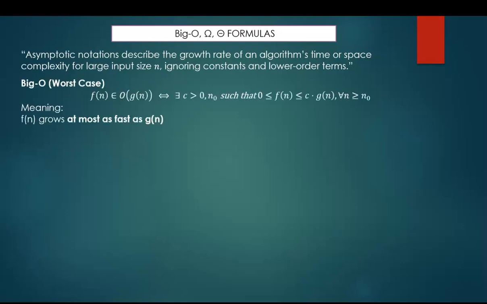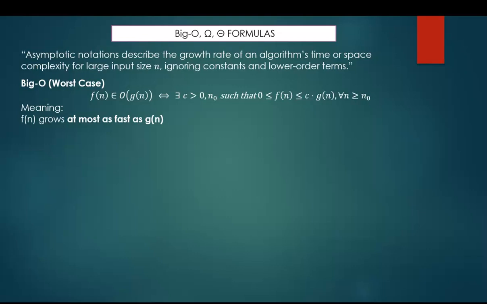Big O gives you the upper bound. Read the formula. Let's make things simple and break it down. Big O gives the upper bound, meaning after some point, that point is n naught in the formula, f of n will never grow faster than a constant multiple of g of n.